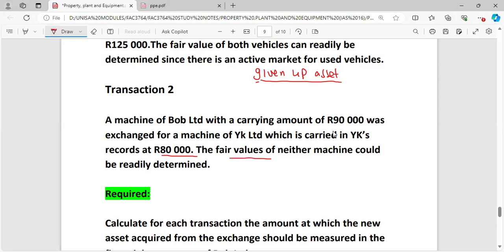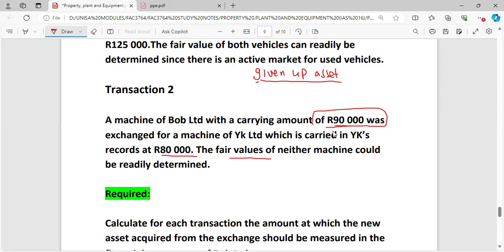So what are we going to record in the new asset that is acquired? Which value are we going to take here? The carrying value of the asset that is being given up. We use Bob's given up asset, which is going to be 90,000 here, right?